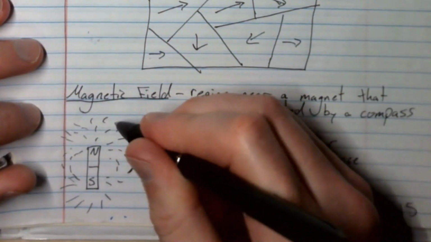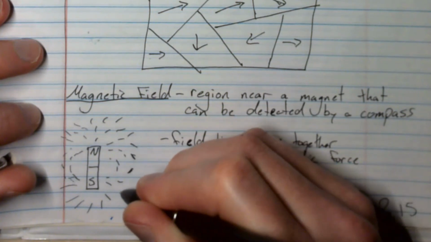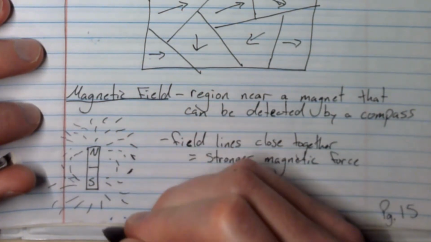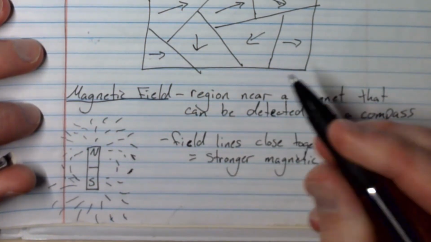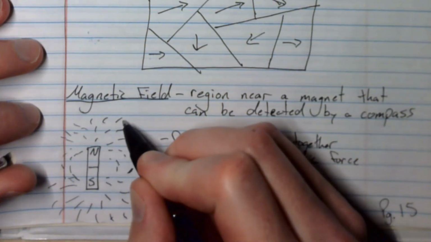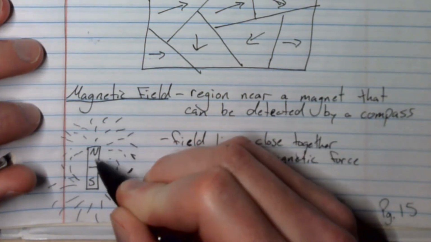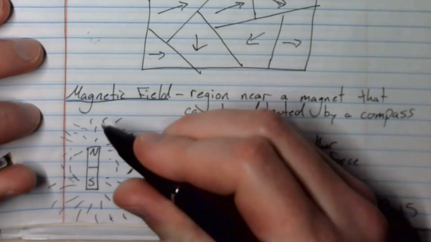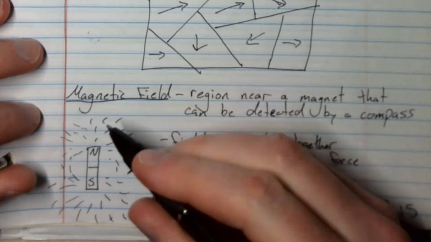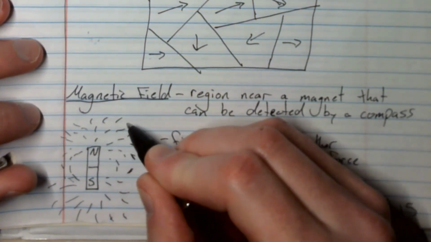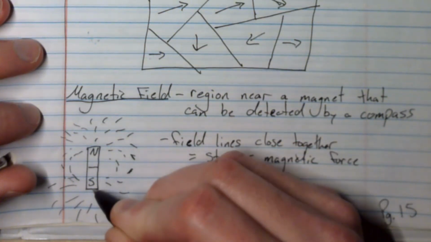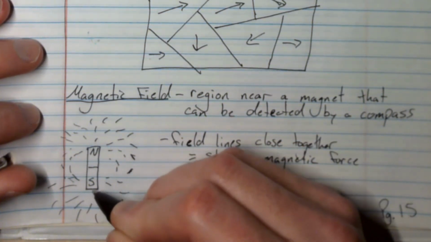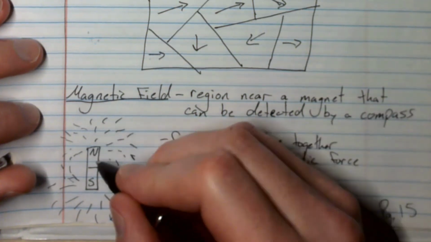I know that's going to be really hard to copy. I apologize. But we see that they line up with this north and south, but on the sides it starts to curl back in. And so technically it's going to go out here, come back around and go back into the south end of the magnet, which is kind of cool. It kind of makes that loop.